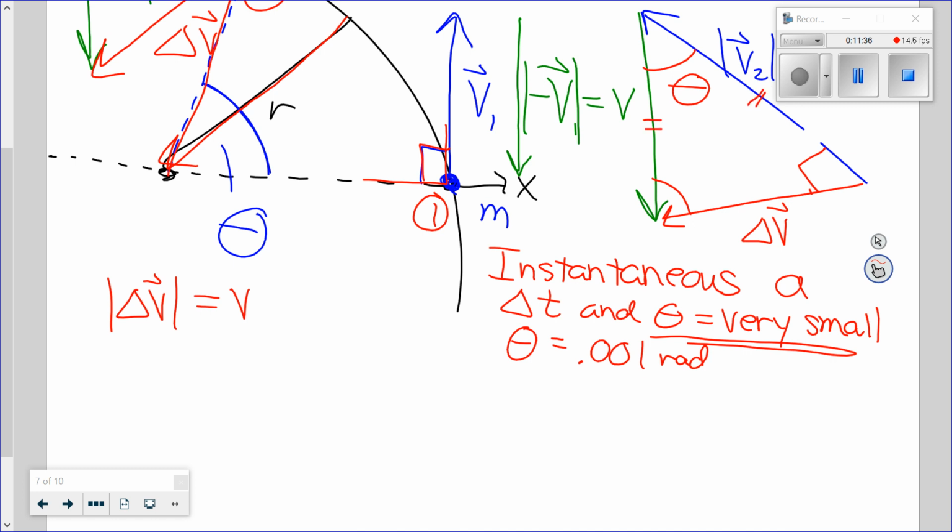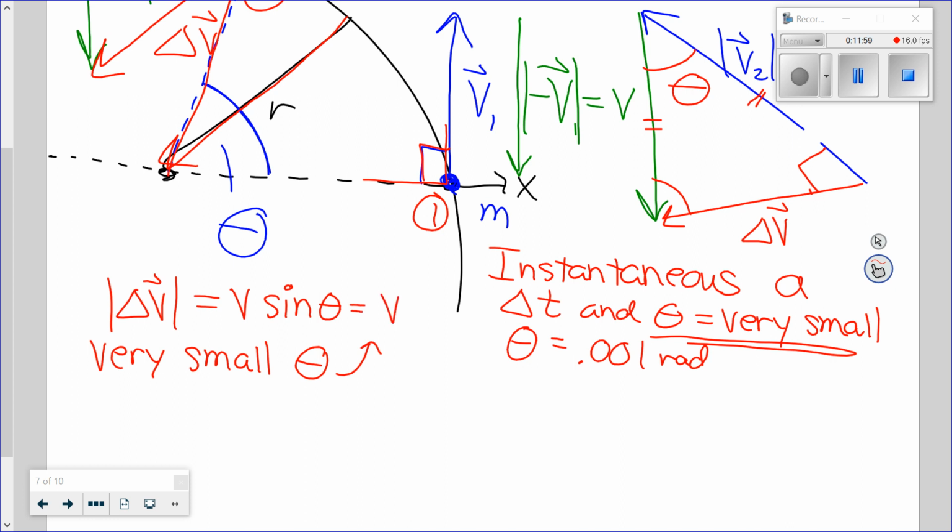The magnitude is going to be V sine theta, because this delta V is the opposite side from my little theta angle. And theta is super, super small. Have you ever done the very small angle approximation? If theta is very, very small, and in radians, then you can just write V theta. And you can actually try this in your calculator.